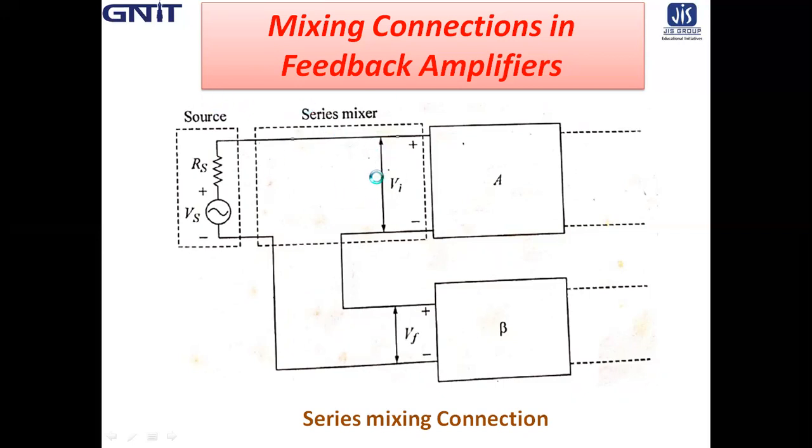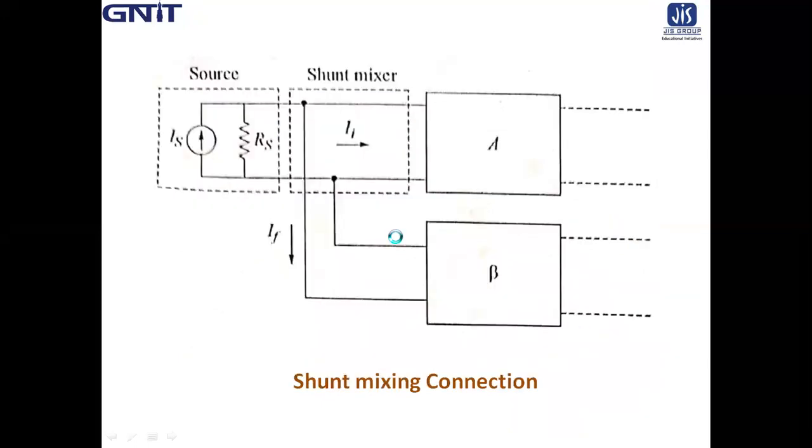See here, this is the series mixture connection. Next is another type of mixing. Here is a series connection, and this is in parallel. That is the shunt type of mixture. In parallel connection, a current source is applied.